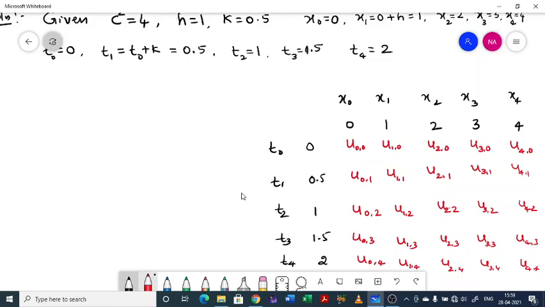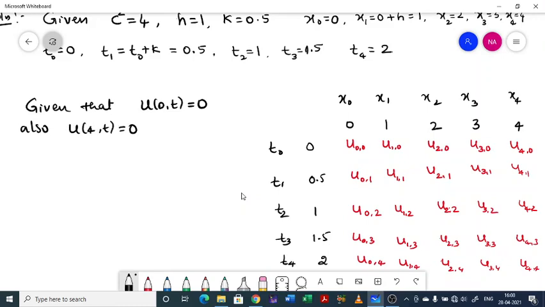Now come to this. It is given that U of 0 comma t equal to 0, and also U of 4 comma t equal to 0.